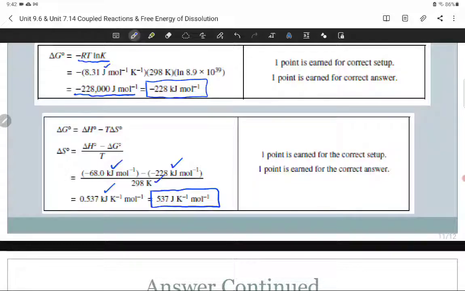And if you had done this math wrong, you would have used this wrong answer to get a new answer for delta S. You would have had the correct setup, and the correct answer with your faulty answer from above. So you would not have gotten the point there, but you can get the points below.